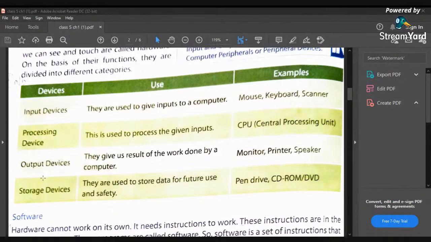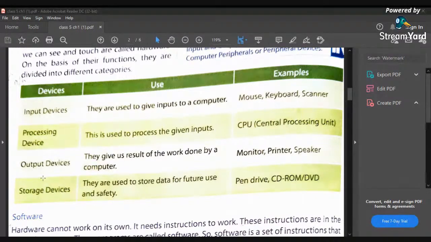Students, some storage devices, because I hope most of you know these names, are pen drive, CD-ROM and DVD.